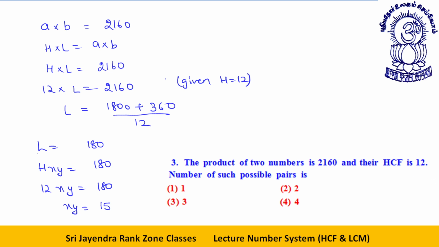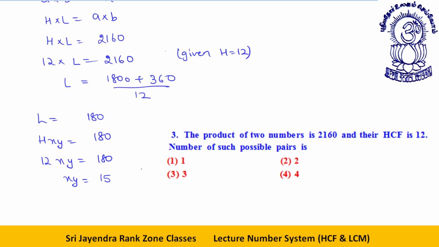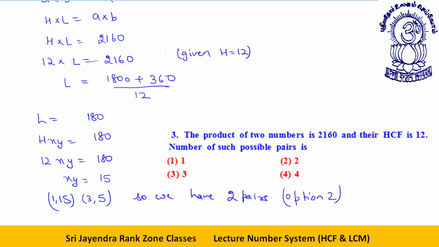Now, how many pairs can you figure out of XY is equal to 15, which are co-prime to each other? One pair is 1 and 15, the other pair is 3 and 5. No other pair is possible. So, we have two possible pairs of this type. Option 2 is your answer.